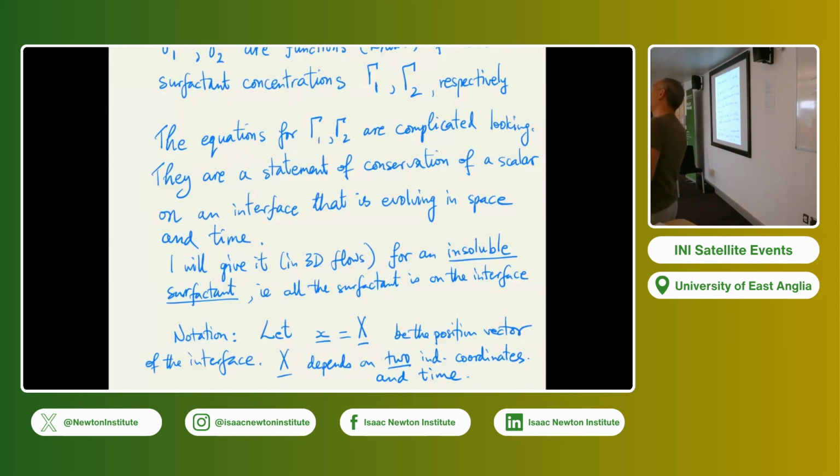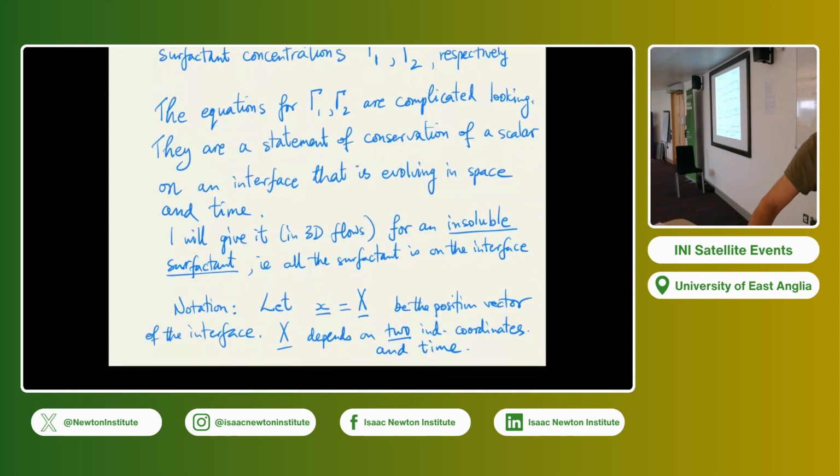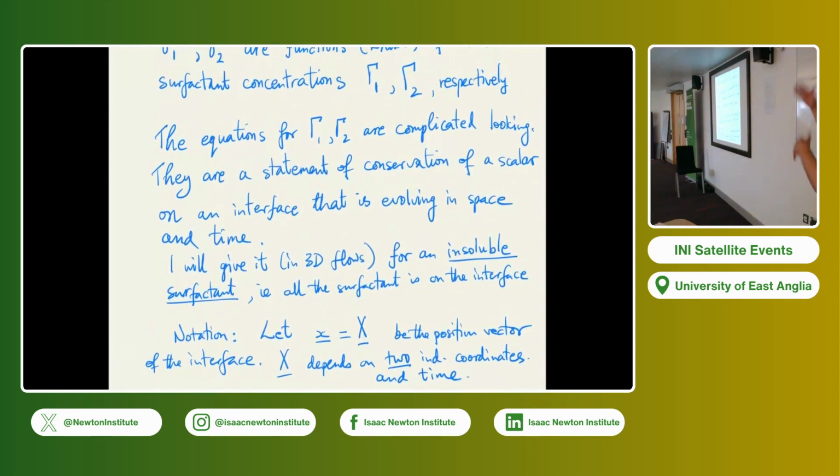It gets more complicated than that because they can also be dissolved in the liquid, and then I need to do lots of other things. But if I assume that they only live on the interface, then I have to track two more unknowns. So I need equations for gamma 1 and gamma 2, which would be the surfactant concentrations.